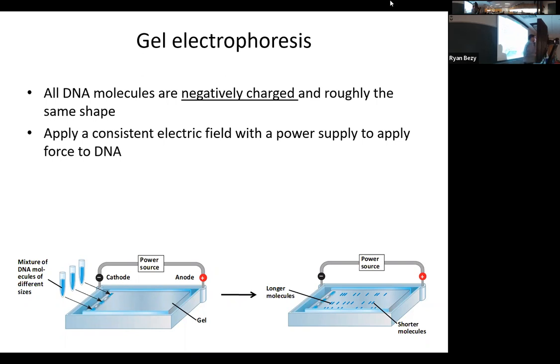Does that make sense, everybody? So the negative charge at the top pushes the DNA through the gel, and the positive charge at the bottom pulls the DNA through the gel, which is why I said push-pull forces here at the very beginning. So you apply a consistent electrical field with that power supply, and that forces the DNA to migrate through the gel matrix.